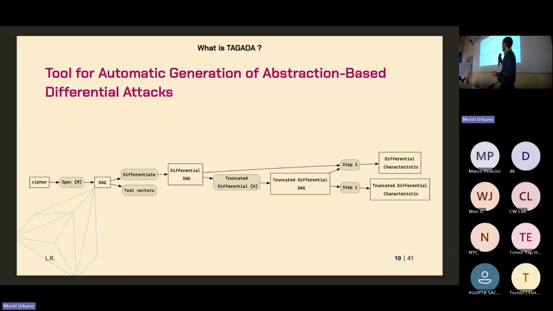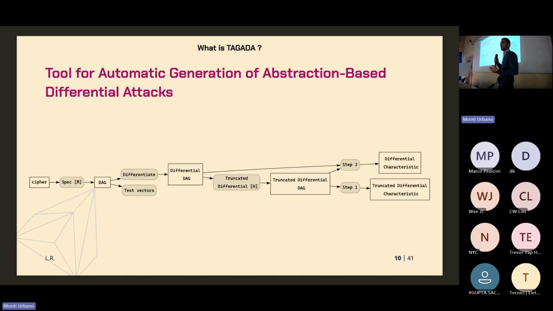You can differentiate the graph in order to produce a format that will be used to compute differential attacks. If we want to compute other attacks like linear attacks, we need to create another representation of the data. In this phase, in Tagada, we work in two steps.